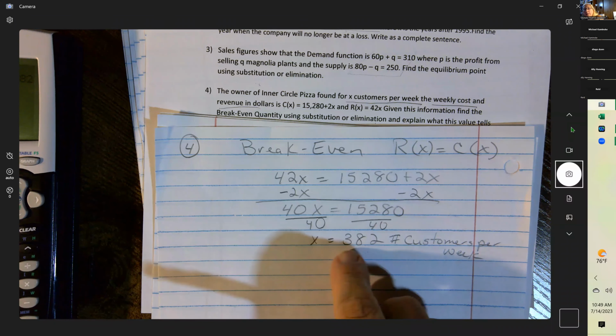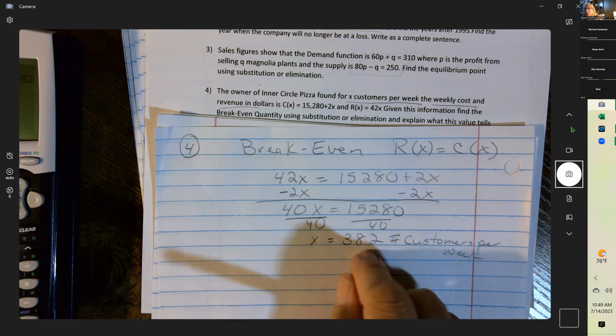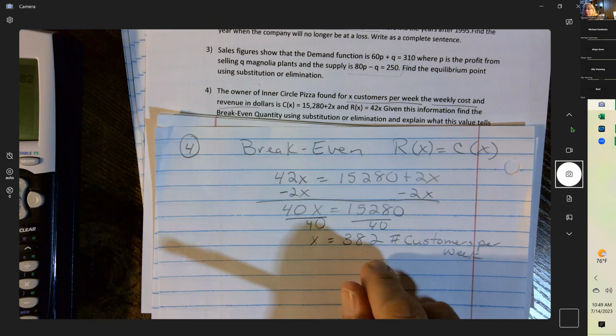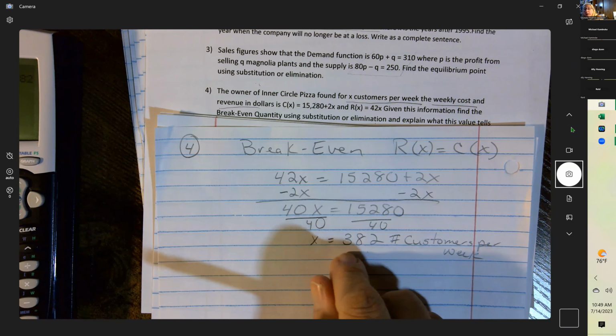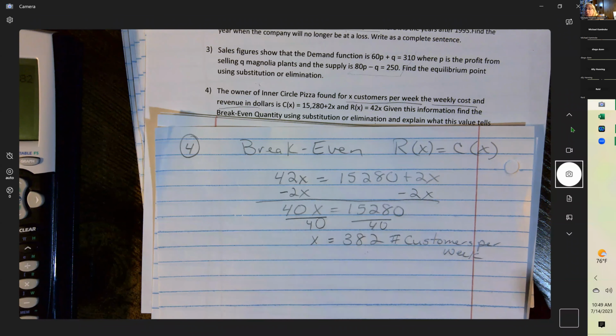What it means then is you need to have 382 customers come through the store before you start making any money. So you are at a loss until the 382nd person comes through the door. And that's in 1 week. So if you cannot get that much business every week, then you need to find another business or a way to make it cheaper, a way to get people in.